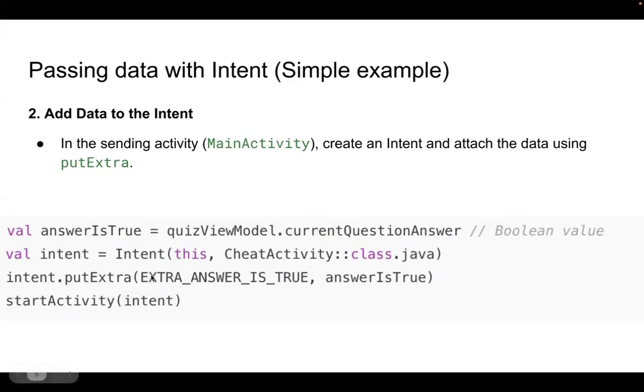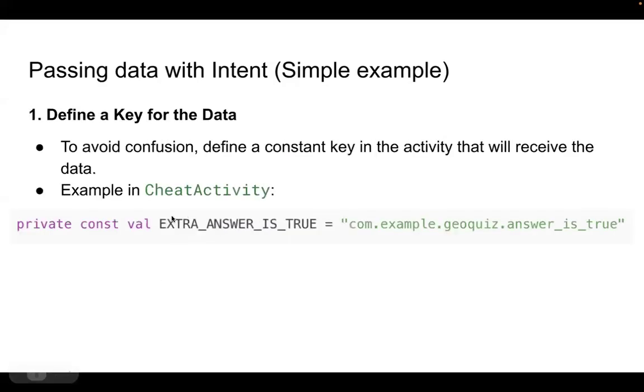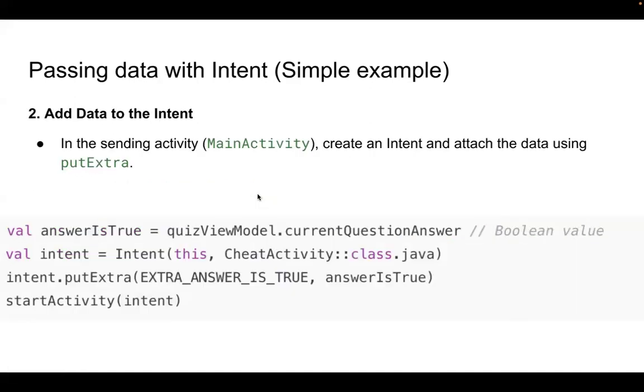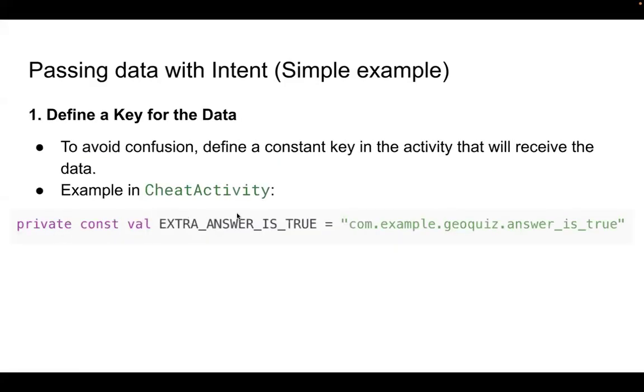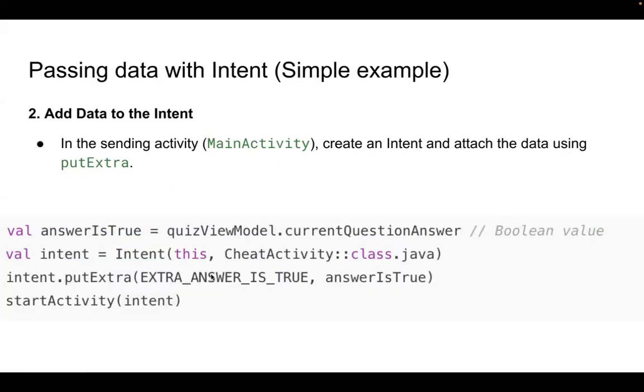It wants to go here. Then you put this extra, answer is true, and you pass the answer. This constant variable you probably want to declare public. Actually, I'll show you a better way of doing it in the code. You don't want to actually make this public, but you want to somehow get that extra answer is true, and we will show that in the code.